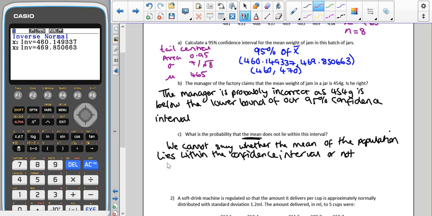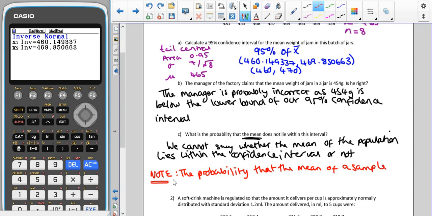And as I just said, just as a side note, note the probability that the mean of a sample does not lie within the confidence interval is 5%.